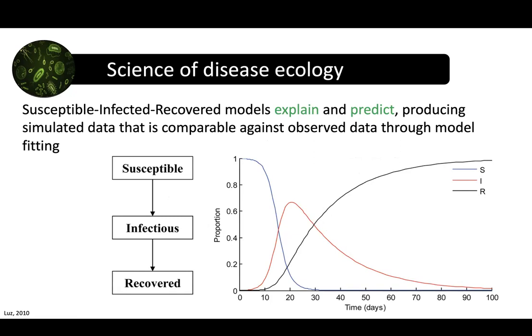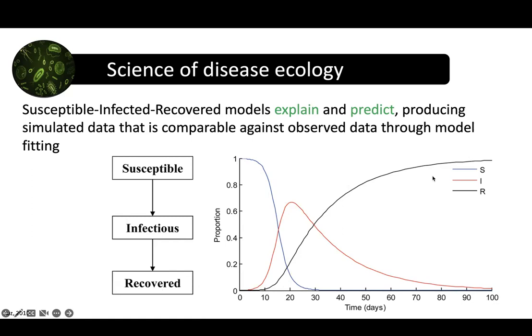These put the study organism into classes and show how they transition from one class to another at certain rates. Here you can see the proportion of, let's say, people infected over the course of an outbreak. The amount of susceptible people starts off at 100, but then it drops as the amount of infected people goes up. And then as people clear the infection, they recover.